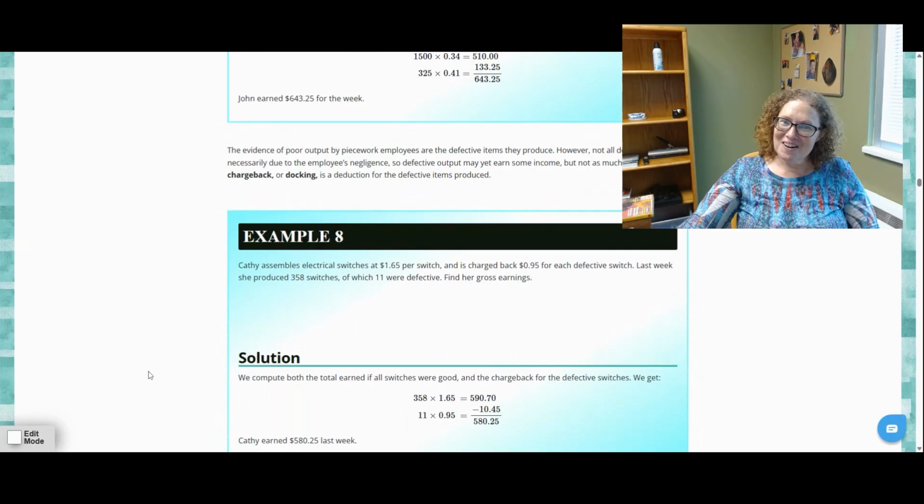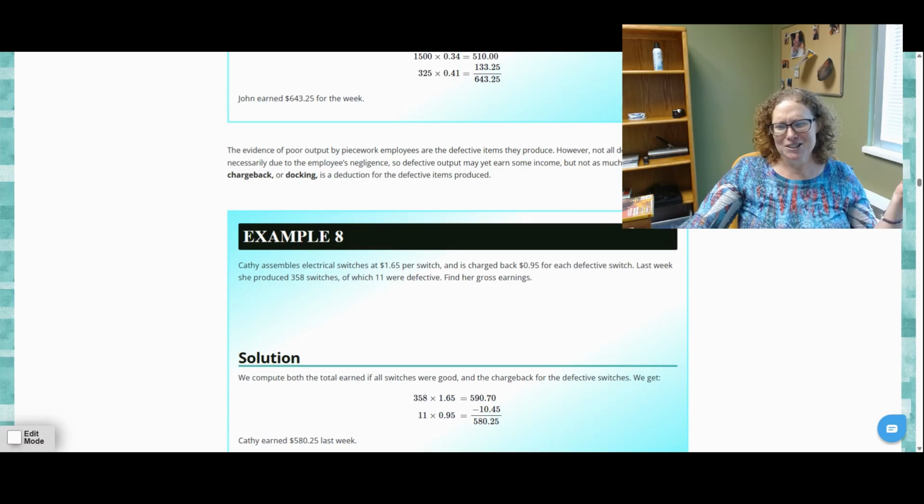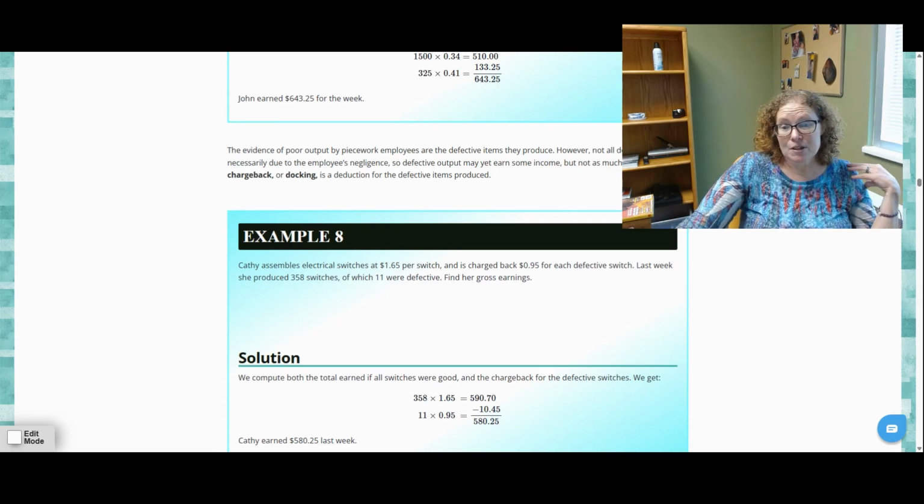So we also have, just like the salespeople, if somebody returns something, sometimes companies will take out pay if something is defective, like if they didn't do it right, and they can't use it. So we're going to look at this example.